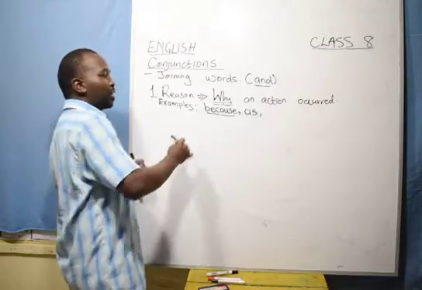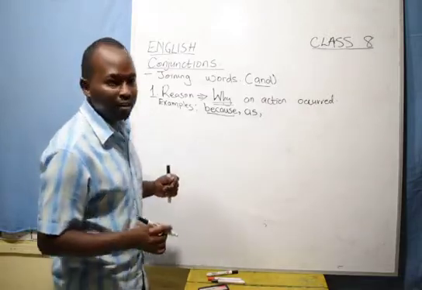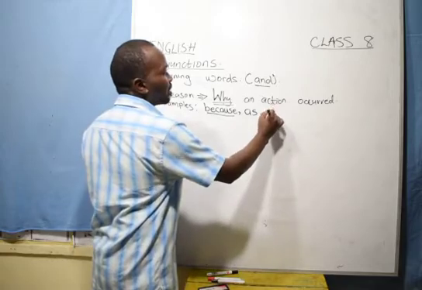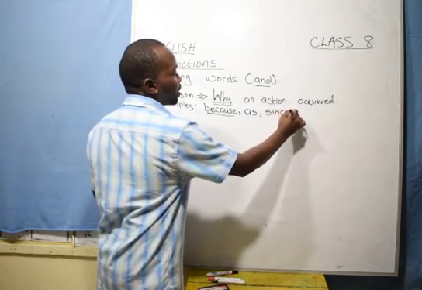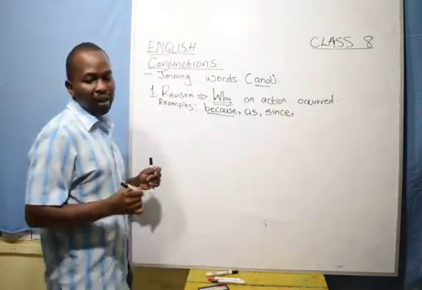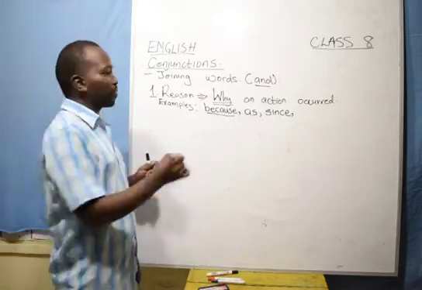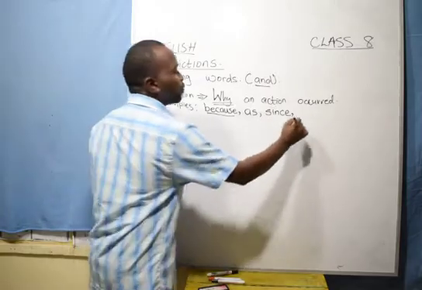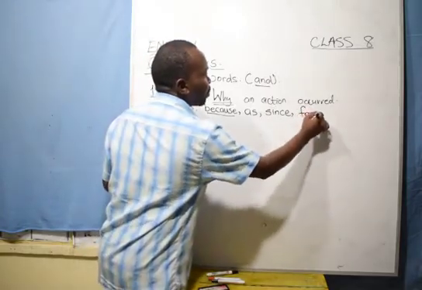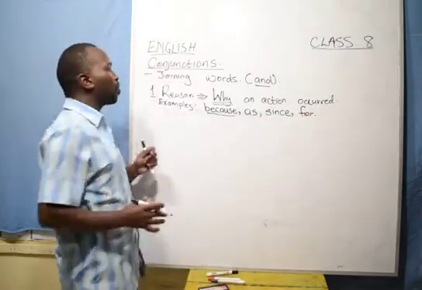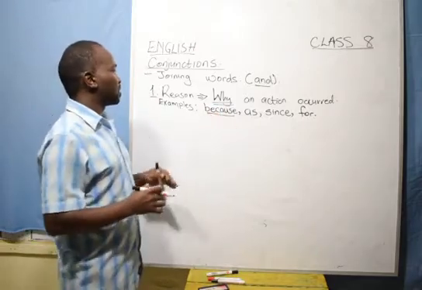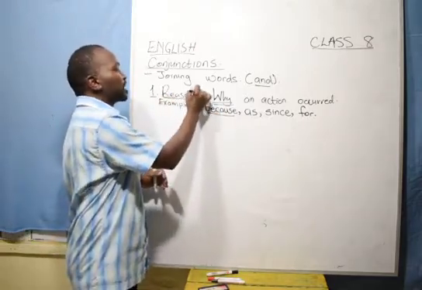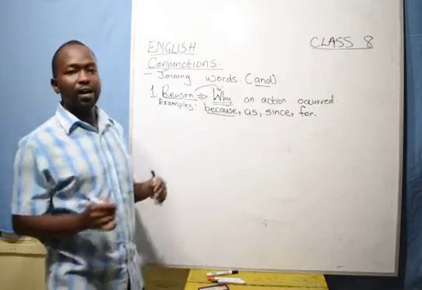Another one that you think can fall in that category. Very good. You have since. Another conjunction, let me help you, is the conjunction for. Now, these 4 words give us the reason. They explain why something happened.